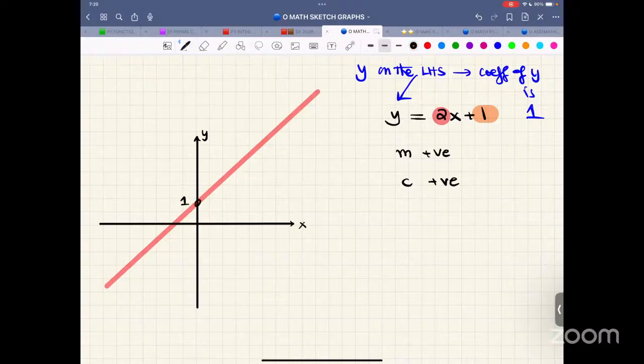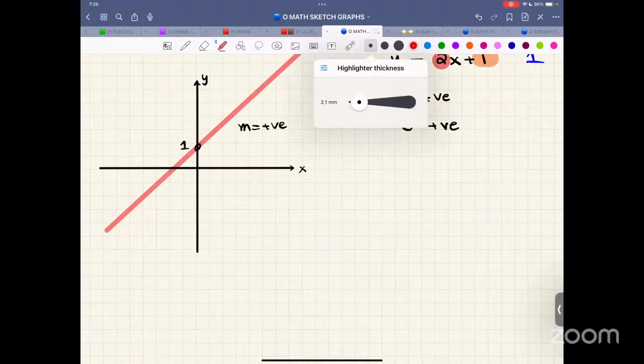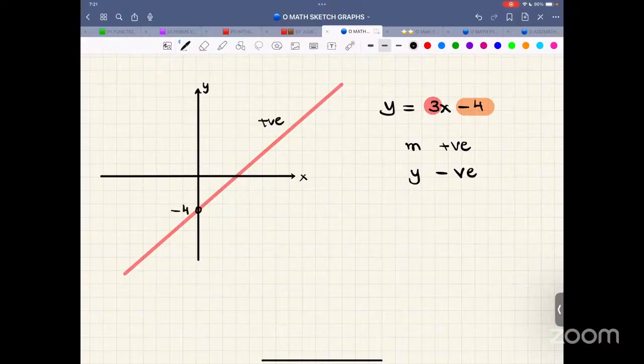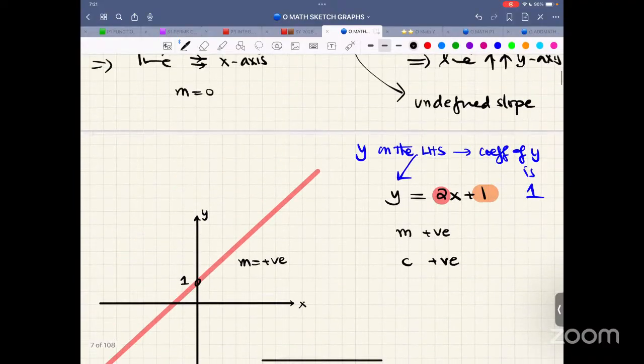Let's say this is 1 and the slope is positive. All good? All clear? Let me thin out this line a bit. Now, positive slope, negative y-intercept. So this is positive slope and negative y-intercept, which is negative 4. That's how we get it.